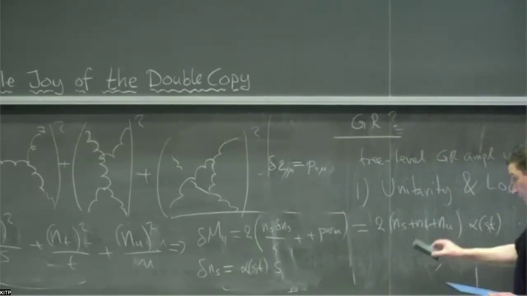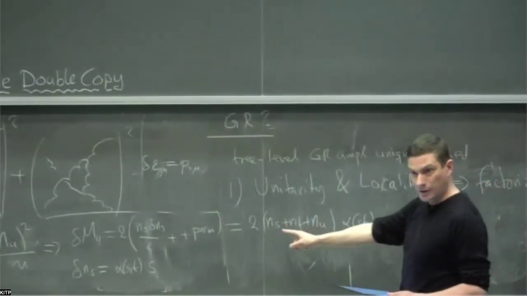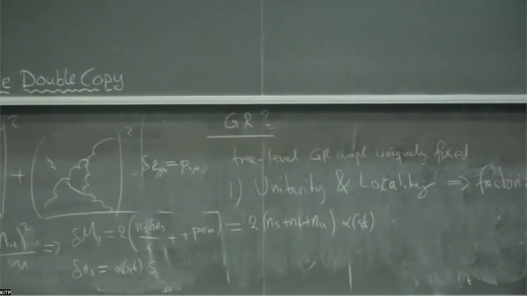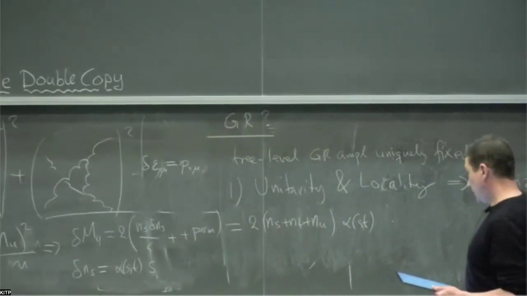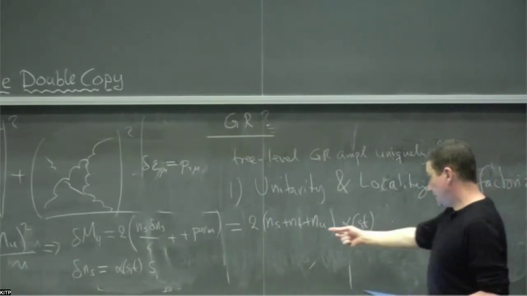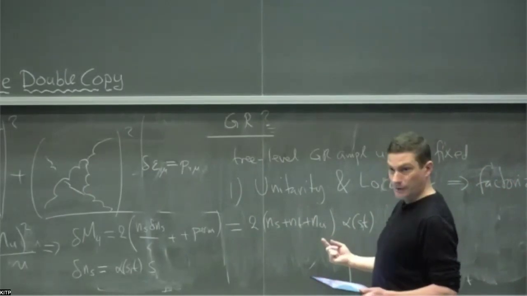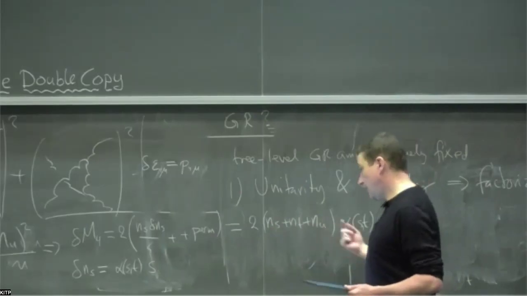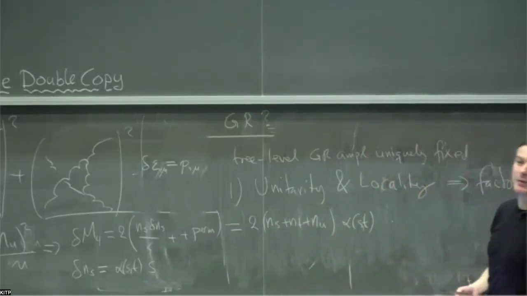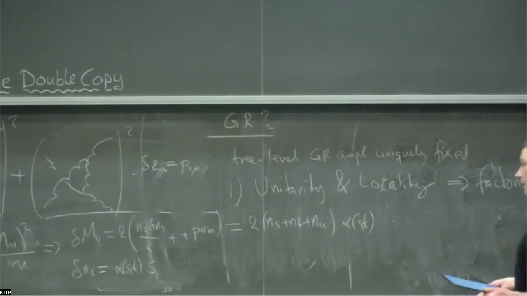By the way, if you do this in Yang-Mills, you're going to get exactly the same thing, except you're going to get color factors instead. This refers to the comment that the sum of these things has to be 0 for Yang-Mills if you have color factors, and it has to be 0 for gravity if you want to have diffeomorphism symmetry.